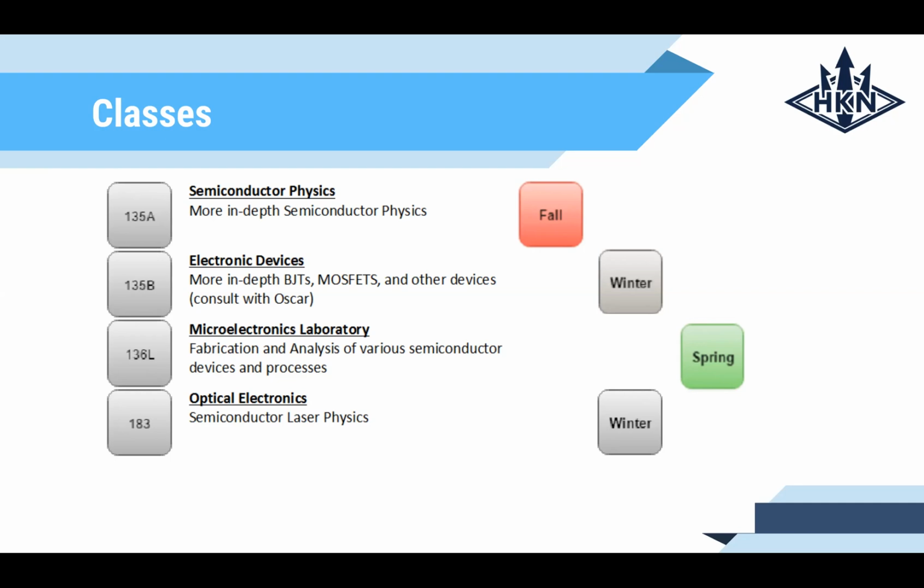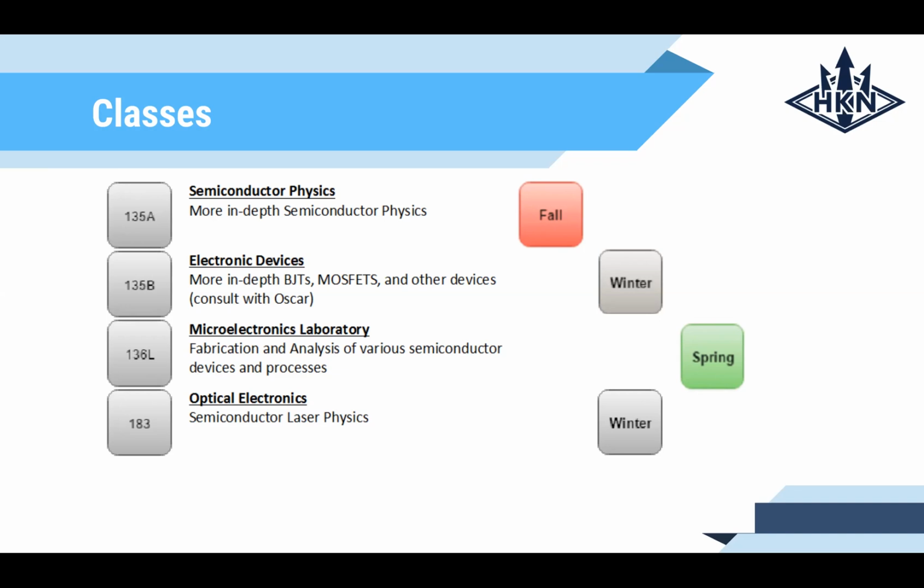With regards to the actual classes in the depth, ECE 135A and B are classes that go in depth into semiconductor physics. You'll study some more of the fundamental physics, including solid-state physics and quantum mechanics in semiconductor physics, before you move on to explore the actual physics and math used in analyzing your transistors, your diodes, and so on.